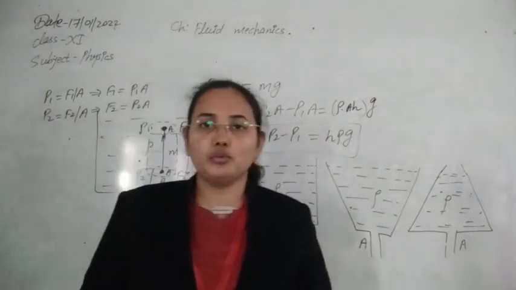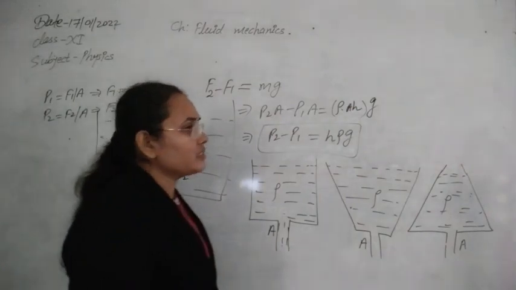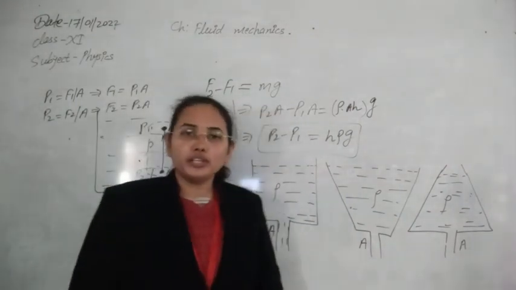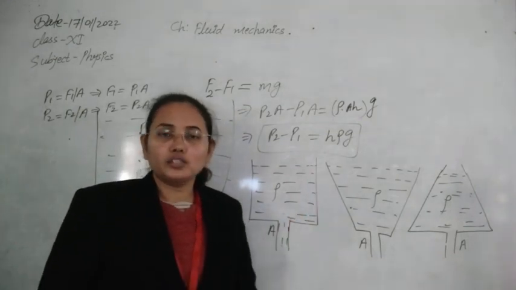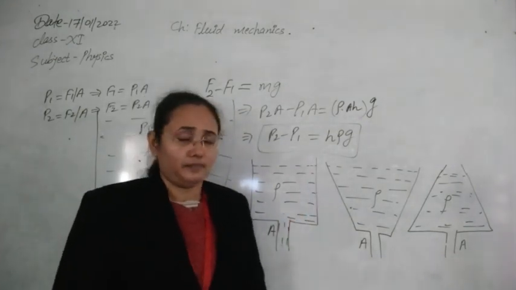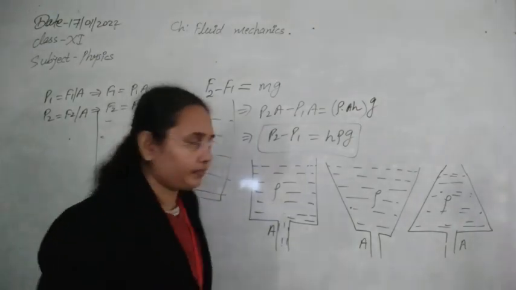I have just told you the reason why it is obtained. In this paradox, its value will change if we use a different liquid, but it is completely independent of the shape or size of the vessel.